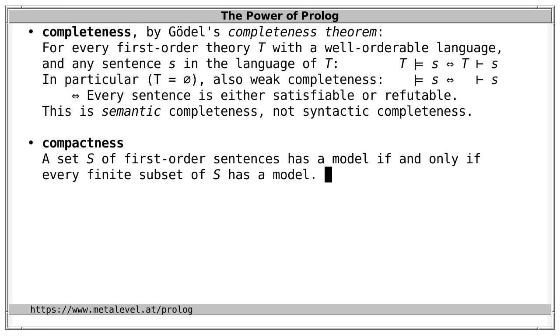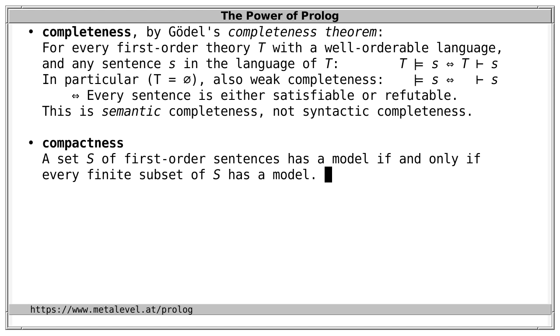So, on the one hand, this implies that if a set of sentences is unsatisfiable, then there is a finite obstacle in them that we can use as a witness of unsatisfiability. And on the other hand, if every finite subset is satisfiable, then the entire theory is also satisfiable.